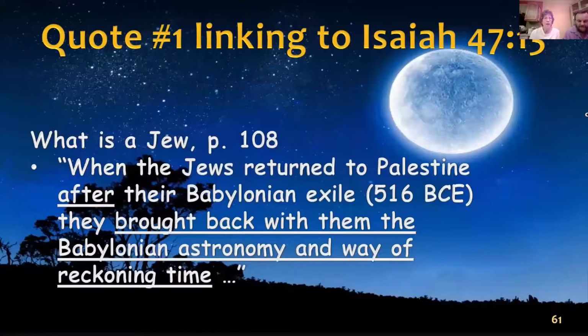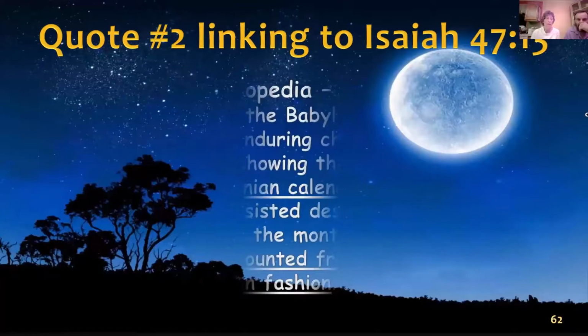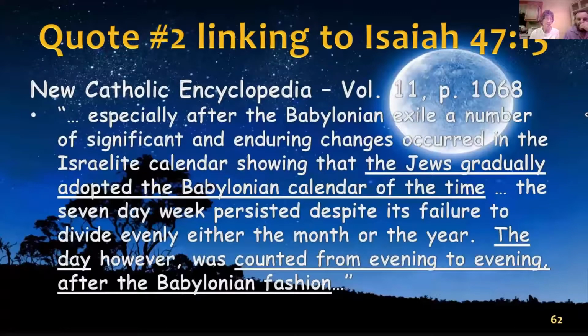Okay. Quote number 2 that I felt linked to Isaiah 47, and I think there's many quotes. This is from the New Catholic Encyclopedia. Especially after the Babylonian exile, a number of significant and enduring changes occurred in the Israelite calendar, showing that the Jews gradually adopted the Babylonian calendar of the time.